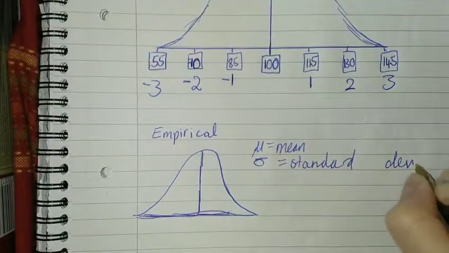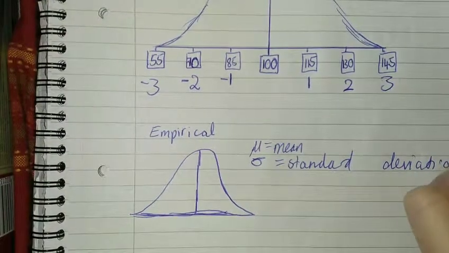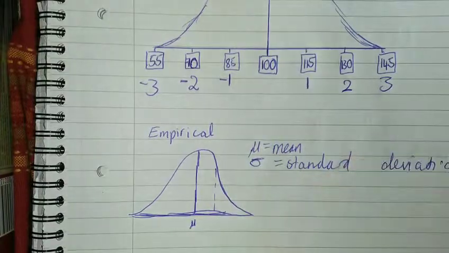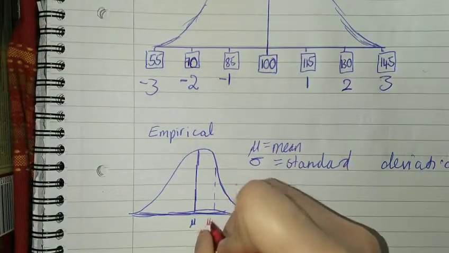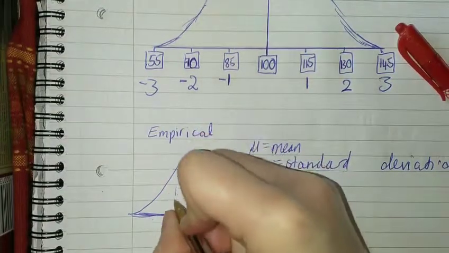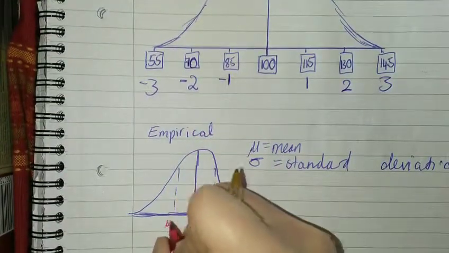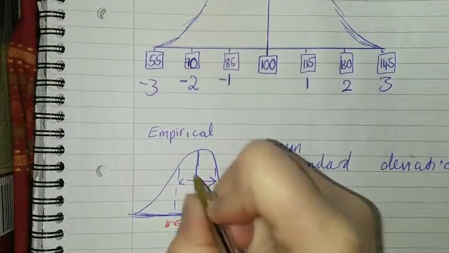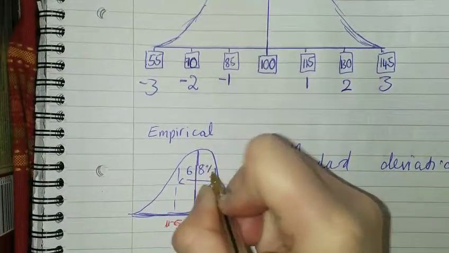The empirical rule states that if we add on a standard deviation on both sides, so the mean plus a standard deviation and the mean minus a standard deviation, 68% of all the data is within this range.